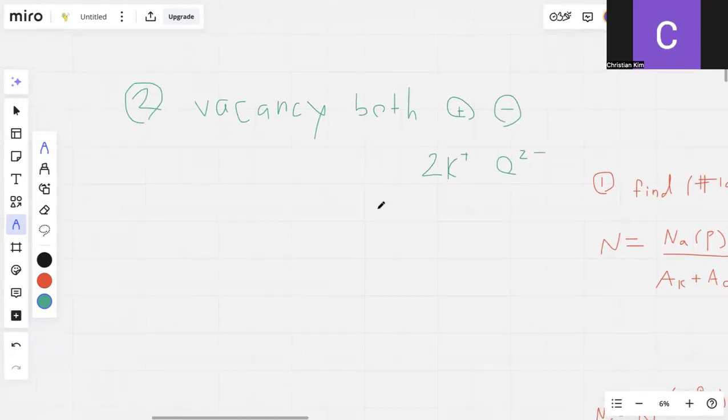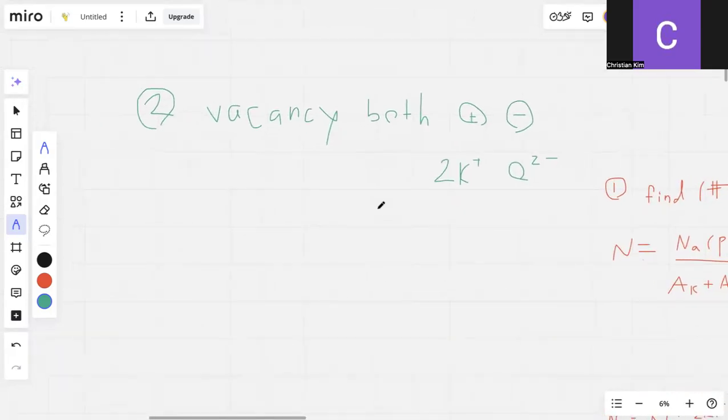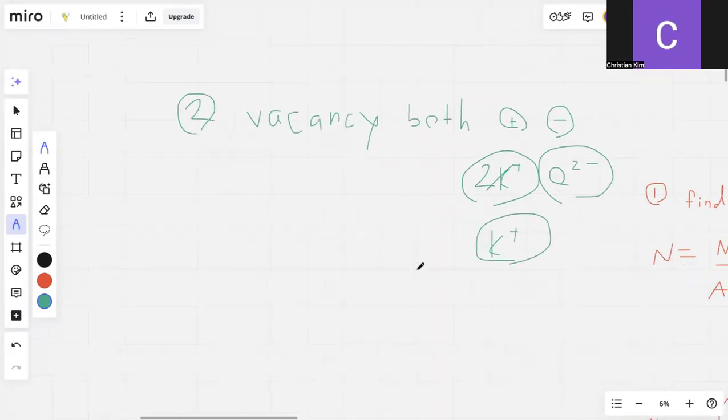But the problem here is if you have each of these parts gone, both the cation and the oxygen, the problem is that with the vacancy of both the cation and the anion, it's only going to take away one of these cations. So then we're going to be left with an overall charge of +1 due to the leftover potassium.